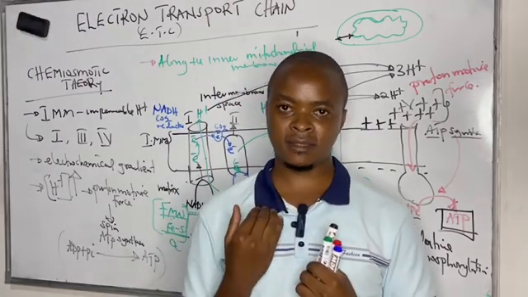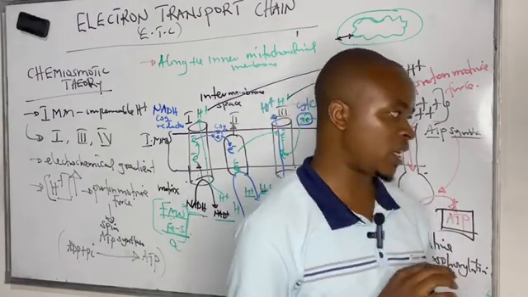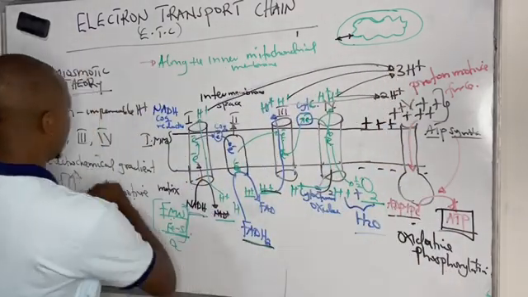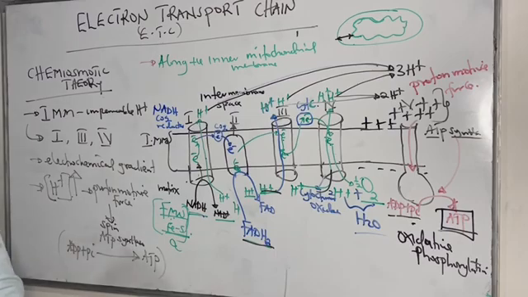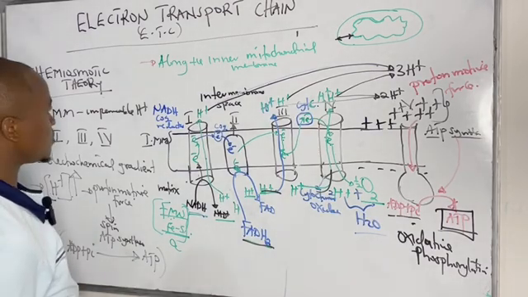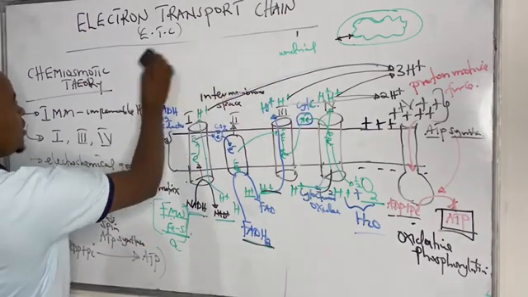are the inhibitors of the electron transport chain. So let us look at the inhibitors of the electron transport chain, and I can write them here.